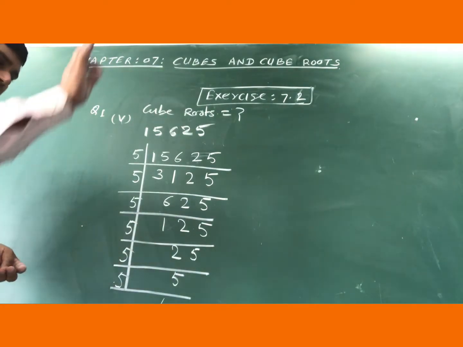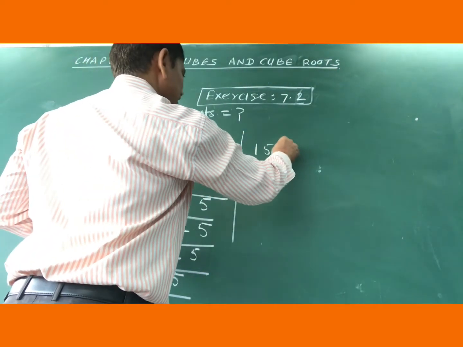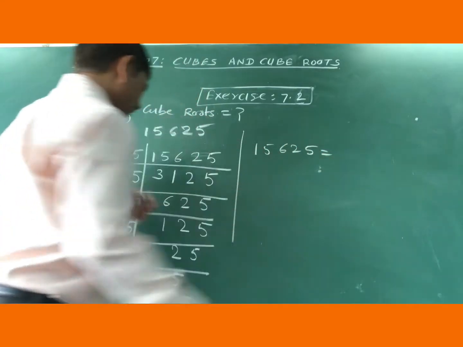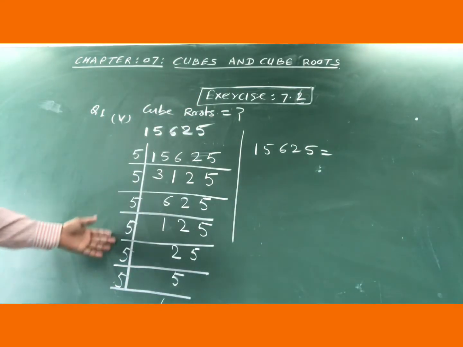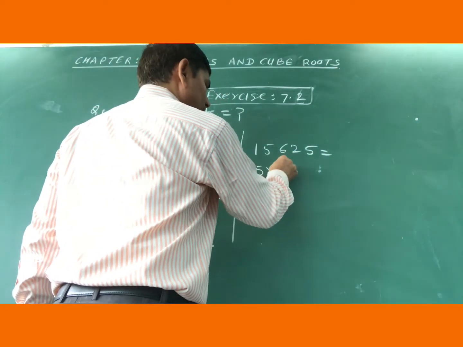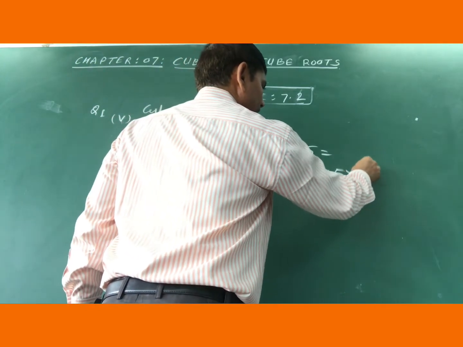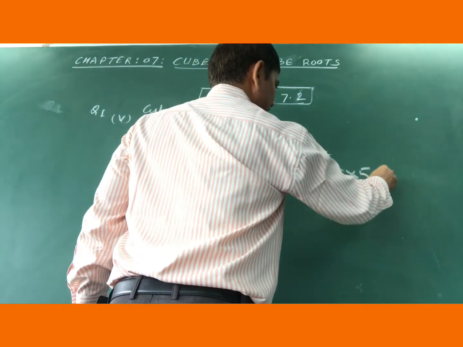So you will get 1. After that, 15625 is equal to, how many 5s here? That is six 5s. So you can write this as 5 into 5 into 5 into 5 and again 5, that is, the total number of 5s is 6.